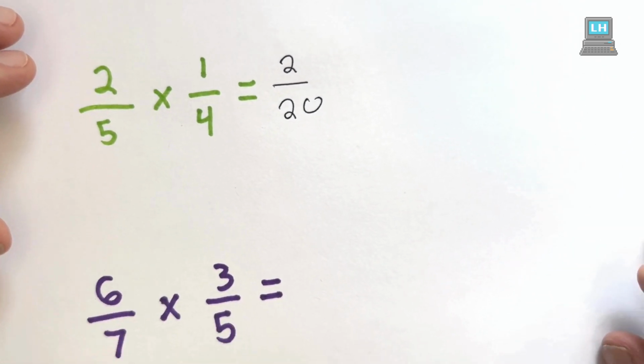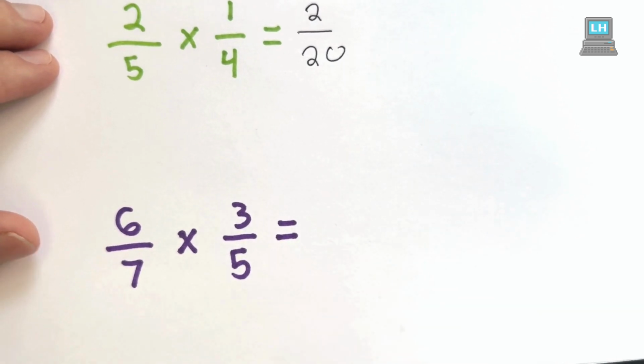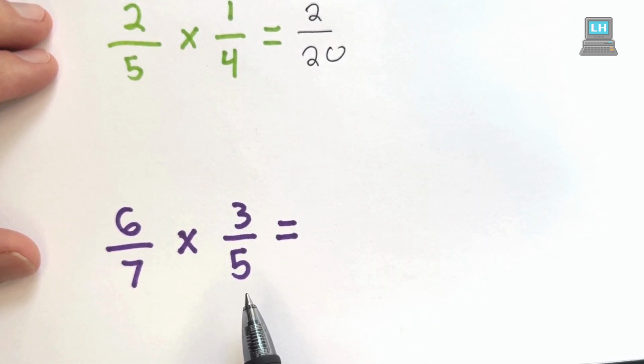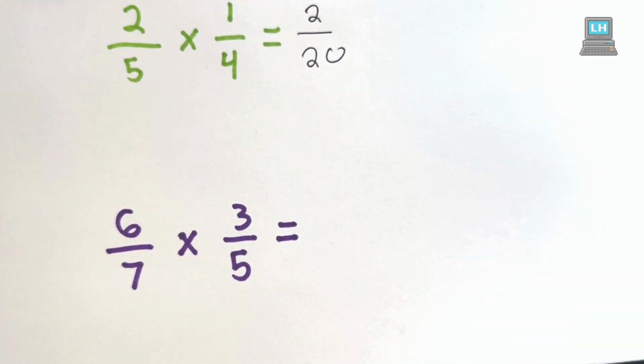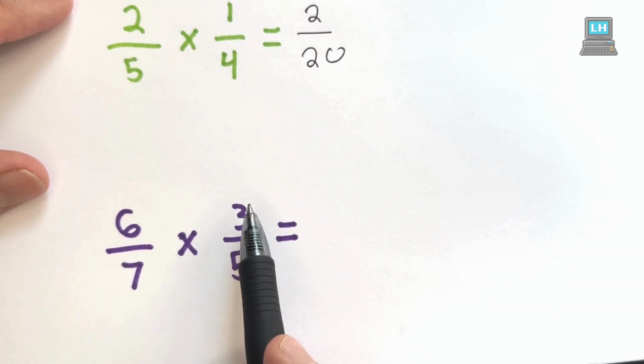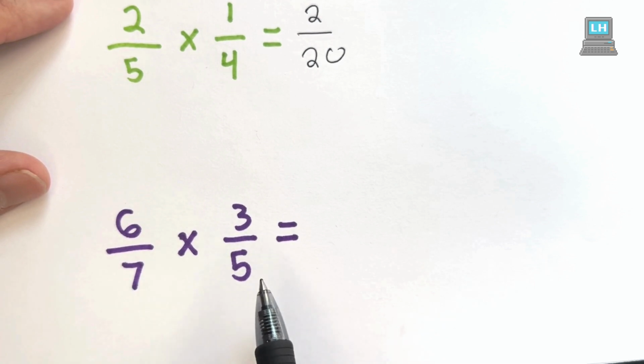Okay, let's take a look at this guy right here. Here I have 6/7 times 3/5. Okay, well, again, my students may see this when they're first learning and go, uh-oh, that number is a little bit bigger. So does that mean it's going to be harder, or will I have to change some things up? Nope, it's going to be the same thing. Okay, so let's multiply our numerators together, and then we're going to multiply our denominators together.